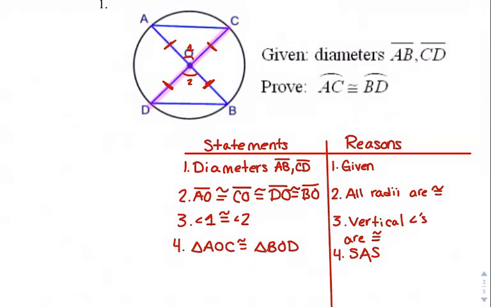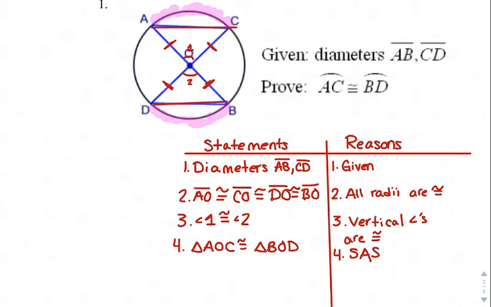Okay, so what we did is we just proved these triangles congruent. However, I need to prove that these arcs are congruent. And remember, one of the theorems was that congruent arcs have congruent chords. So I need to prove somehow DB is congruent to AC.